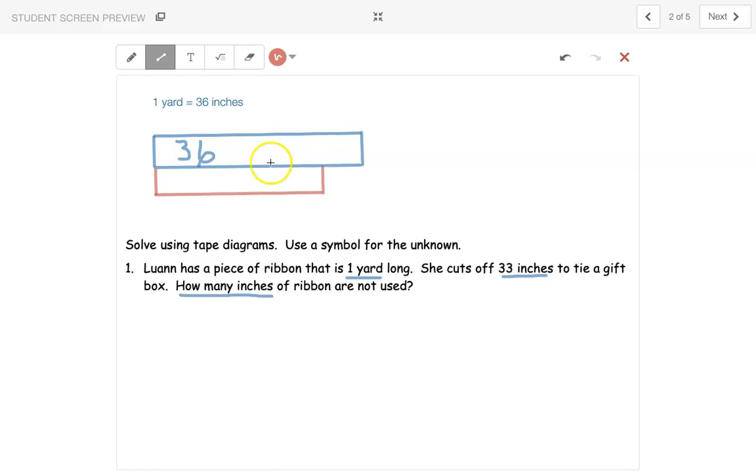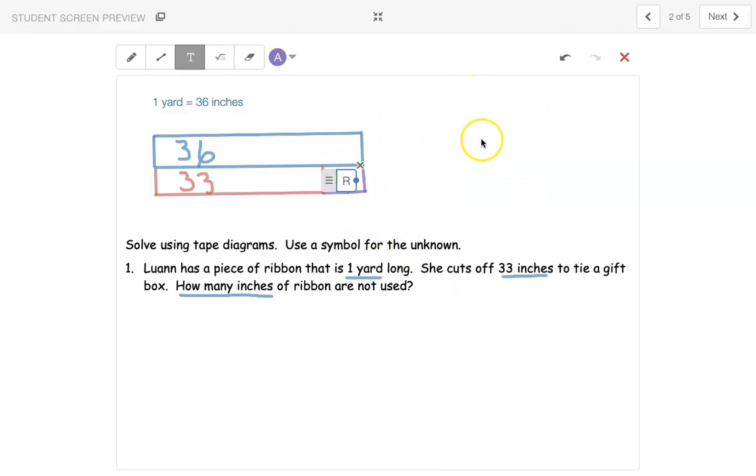Cutting off says to me subtraction, and hopefully it says that to you too. It says how many inches of ribbon are not used, so they want us to find the missing piece. It said to use a symbol to represent the part that we don't know, so I'm going to use R for the missing part of the ribbon.